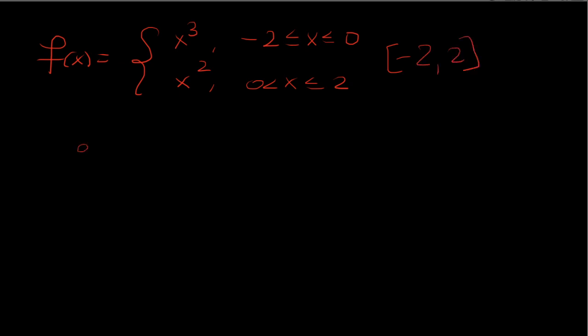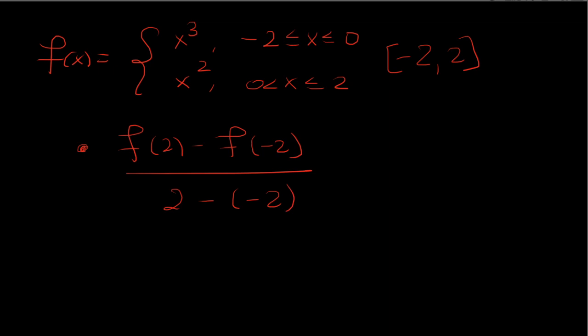So we're going to evaluate f of 2 minus f of -2 over 2 minus -2, and that's going to equal the derivative at x equals c. Now the derivative is going to be tricky, so let's hold off on that. Let's first worry about the left side.